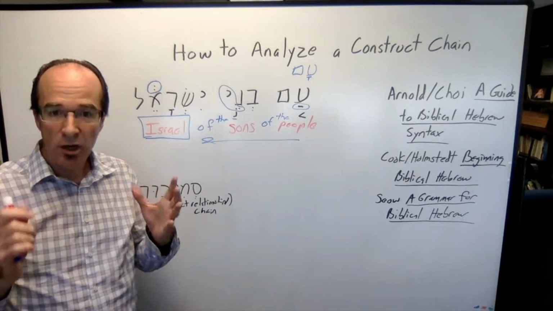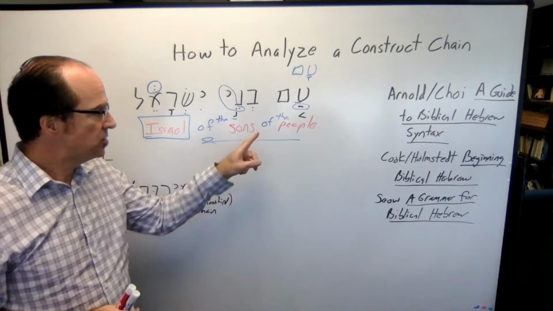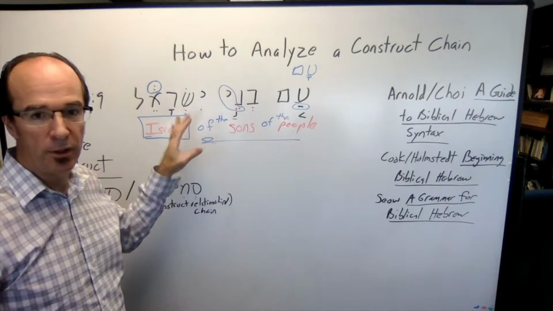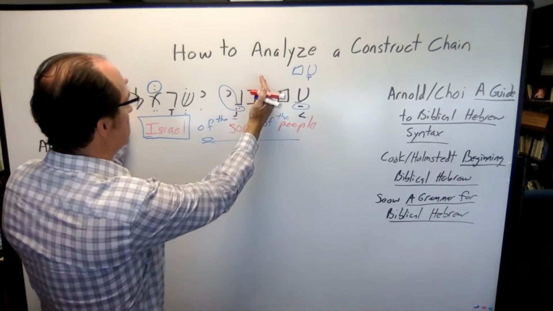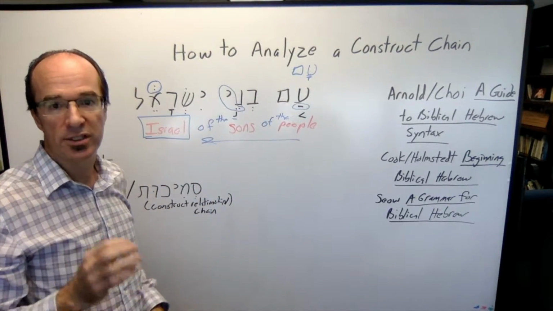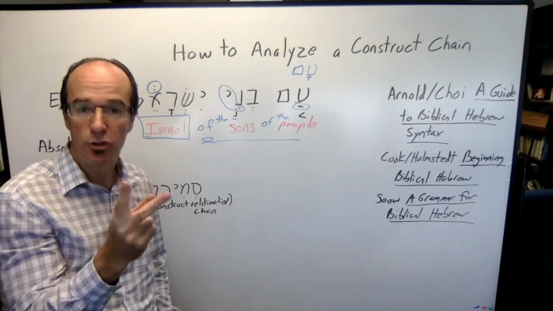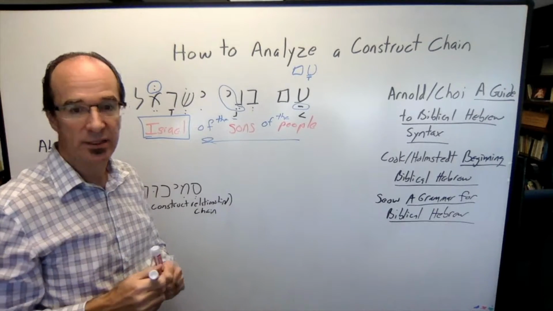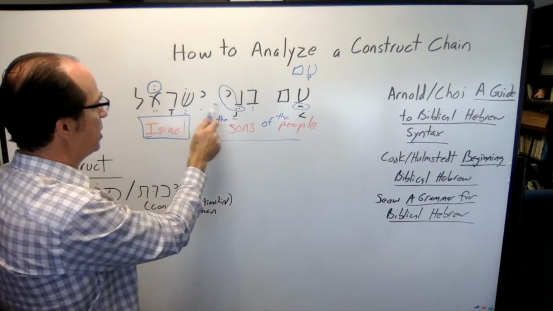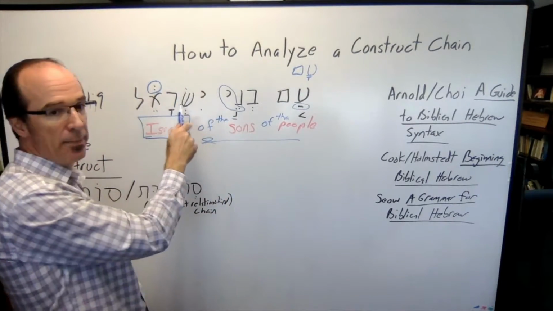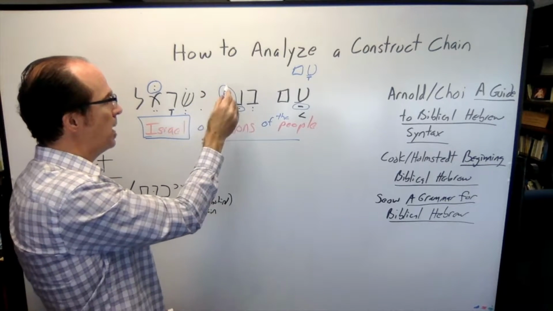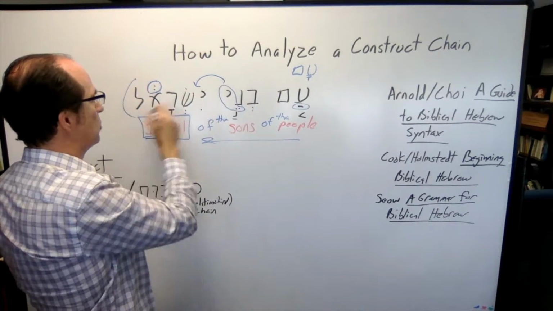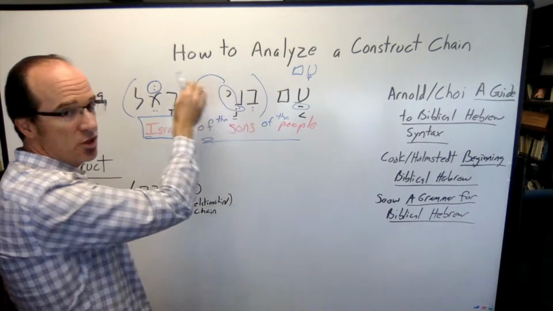Okay, now to analyze this, we have to ask ourselves, what's the force of the genitive? And this is why I put this up here. Let's start just with the last piece. What I want you to note here is that we actually have two genitives, and sometimes it's helpful to use brackets. So if we start here at the end, we'll start with the absolute noun and go back to its first referent. We have sons of Israel.